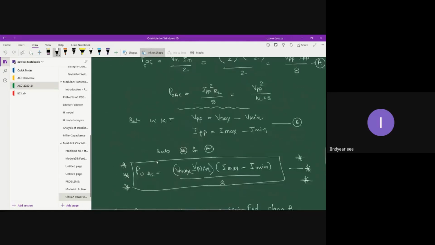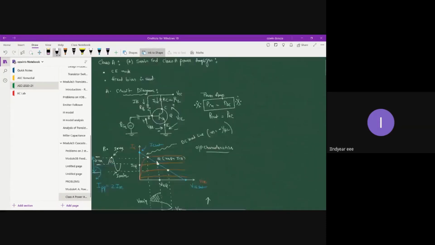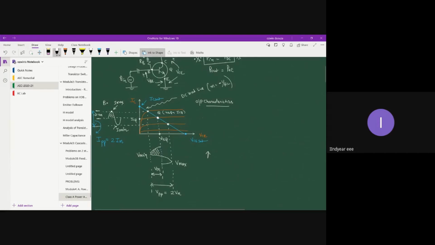Now let me take you back to the previous graph. If you look at the collector current waveform and the voltage waveform, you would see that you haven't allowed the waveform to reach its maximum limit. What is the maximum limit? The maximum limit is nothing but IC saturation for the positive half cycle and the zero value, or the reference x-axis, in the negative half cycle.